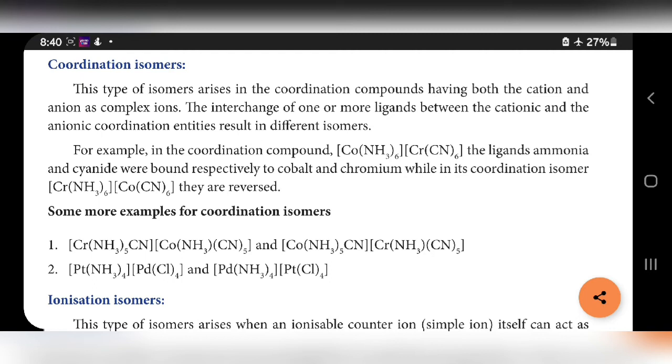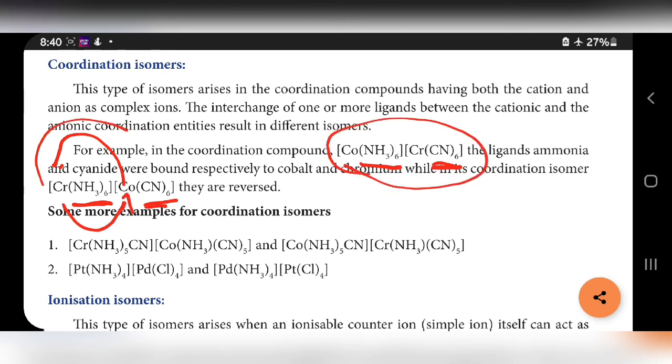See another example: cobalt and chromium both interchange their places. In this example, 6 NH3 and 6 cyanide interchange their places, and you get this compound.